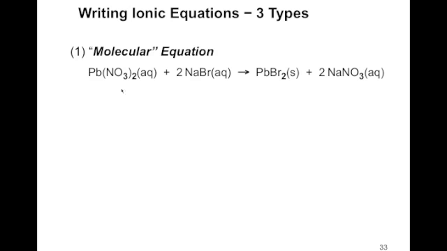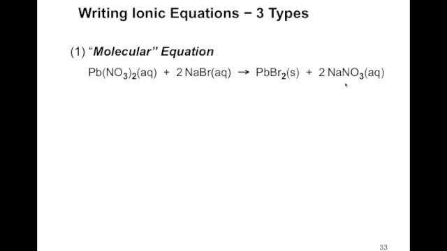So there's really nothing new here. We just write out the chemical formulas and what phase they're in. So this means we have an aqueous solution of lead 2 nitrate reacting with a separate solution of sodium bromide in water, and when they combine, a precipitate forms, right? That's lead 2 bromide, and sodium nitrate remains in solution.